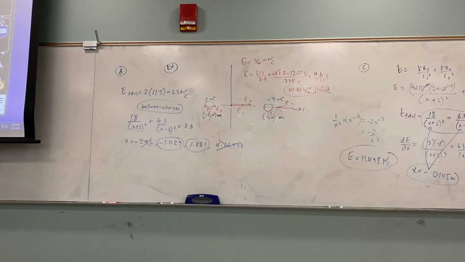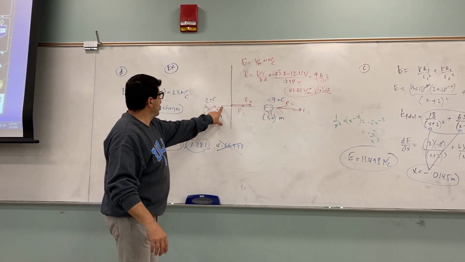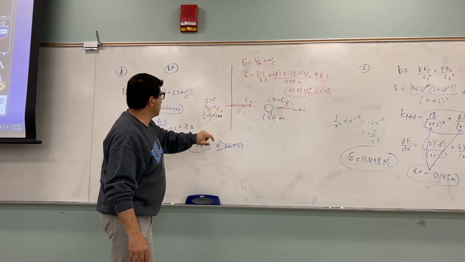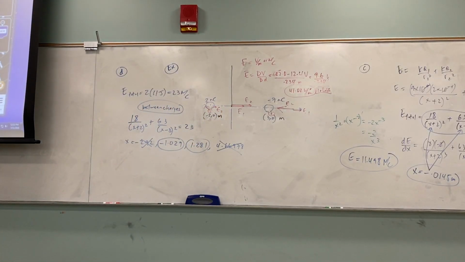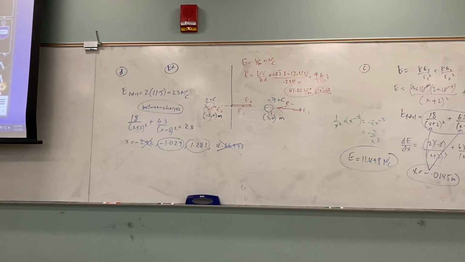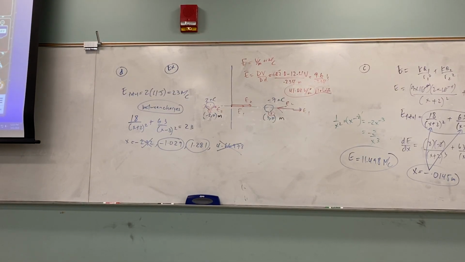1.029 would be 1 meter. Negative 1.029 would be 1 meter from here, right? So if I take my sensor, that's about 1 meter.